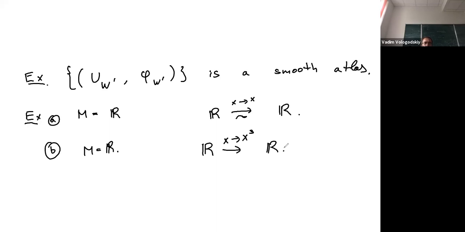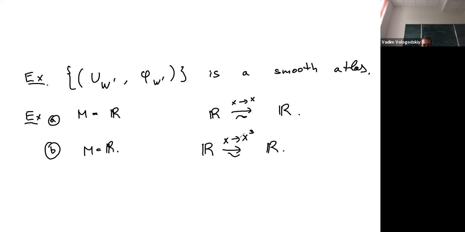Okay. So this is also a homeomorphism, and it defines a smooth structure on R which is not equivalent to this one. That is just because the function cube root of x is not smooth.